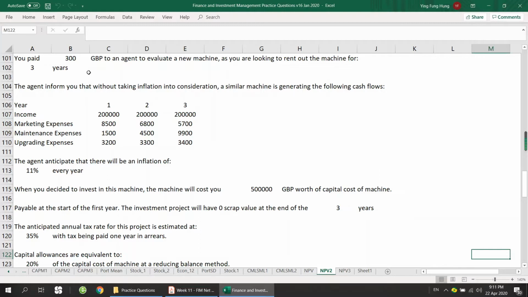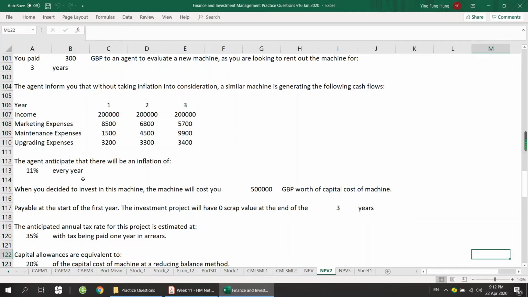As we mentioned a while ago, this £300 to the agent is a sunk cost. Since we cannot get it back, it will be irrelevant for the NPV calculation. Therefore, the relevant information to us will be the cash flow if we buy the machine. The first relevant numbers that we have are the income for the 3 years, which is 200,000, and all the marketing, maintenance, and upgrading expenses for these 3 years.